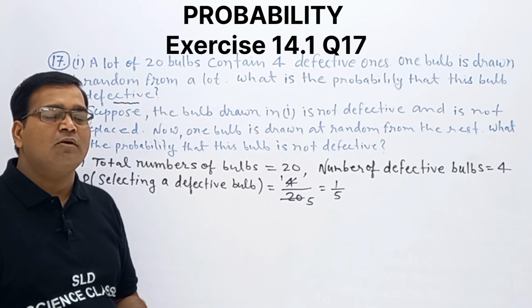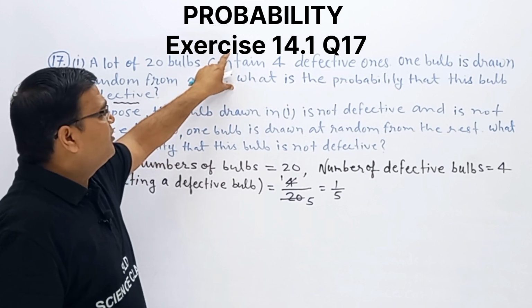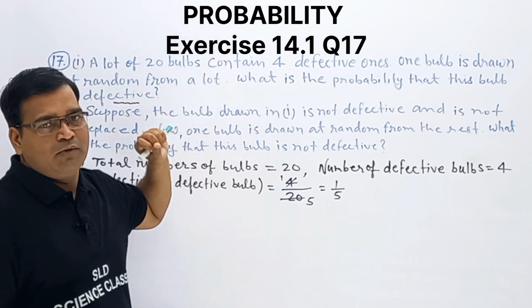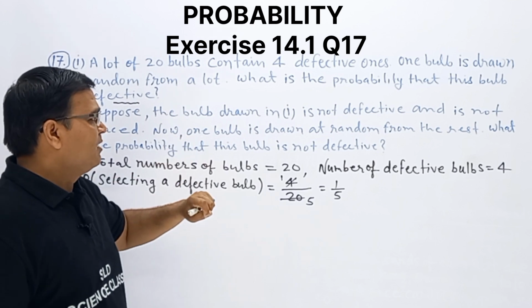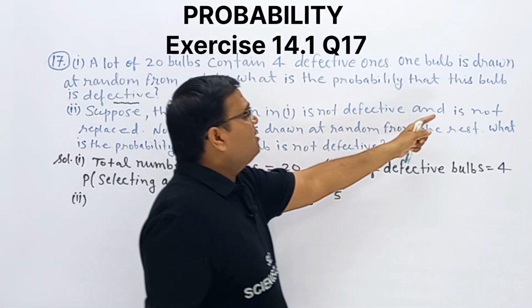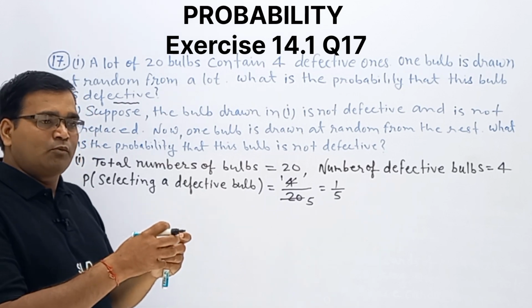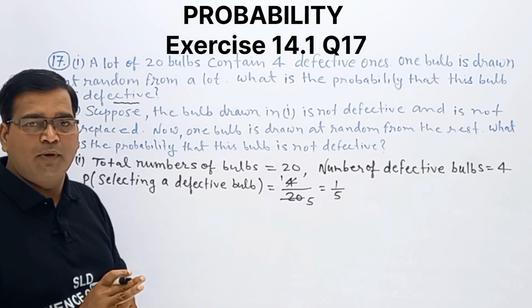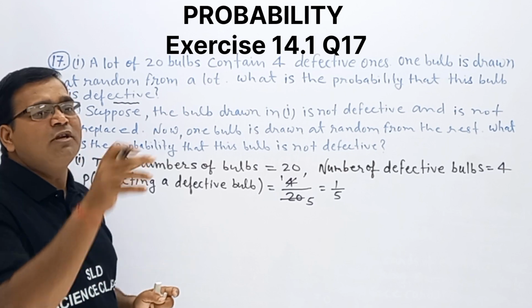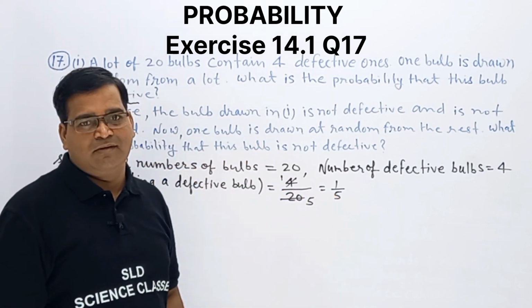Not defective means a good one. Whatever bulb we drew in the first one, that one is not defective, a good one, and is not replaced. We are not putting it again in the lot.